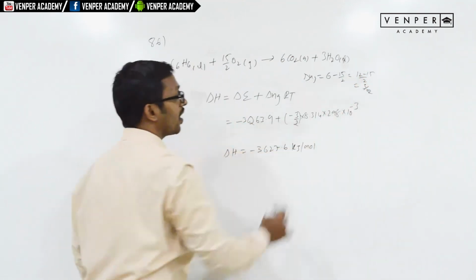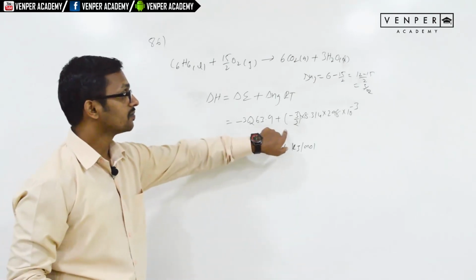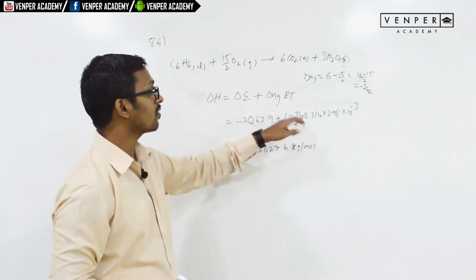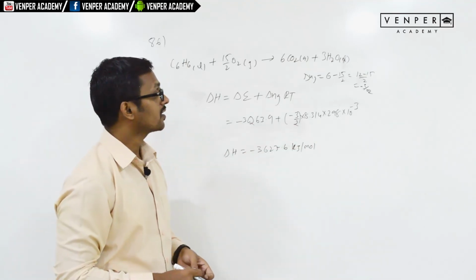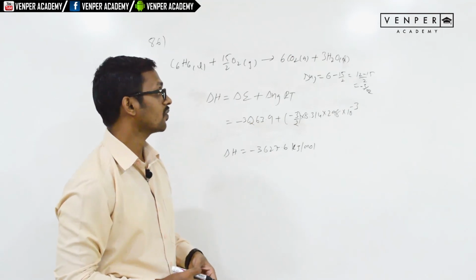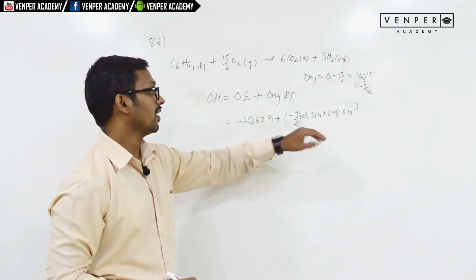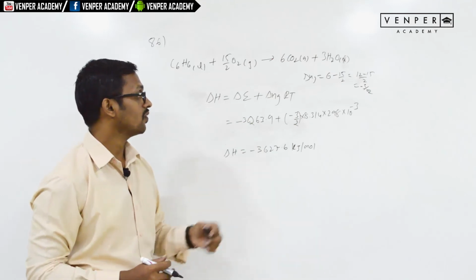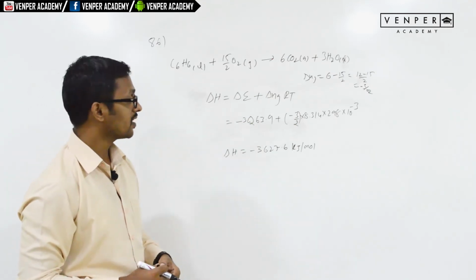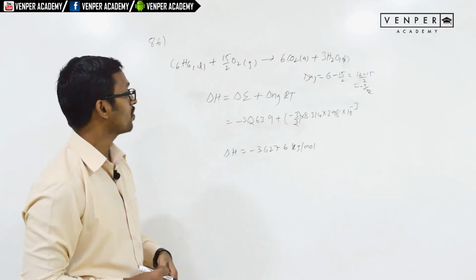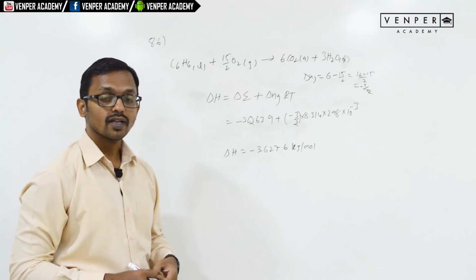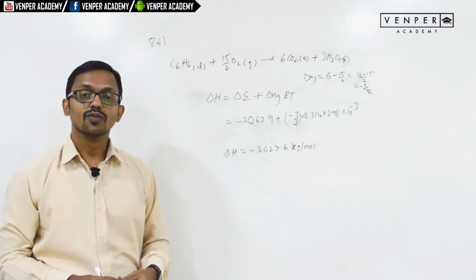So we get -3263.9 plus 3/2 into R value 8.314, and temperature 298, into 10 to the power of -3 to convert to kilojoules, that means heat energy values. So delta H is equal to -3627.6 kilojoule per mole that we are getting in this process. Now let's see in the given options, option 2 is the correct answer.